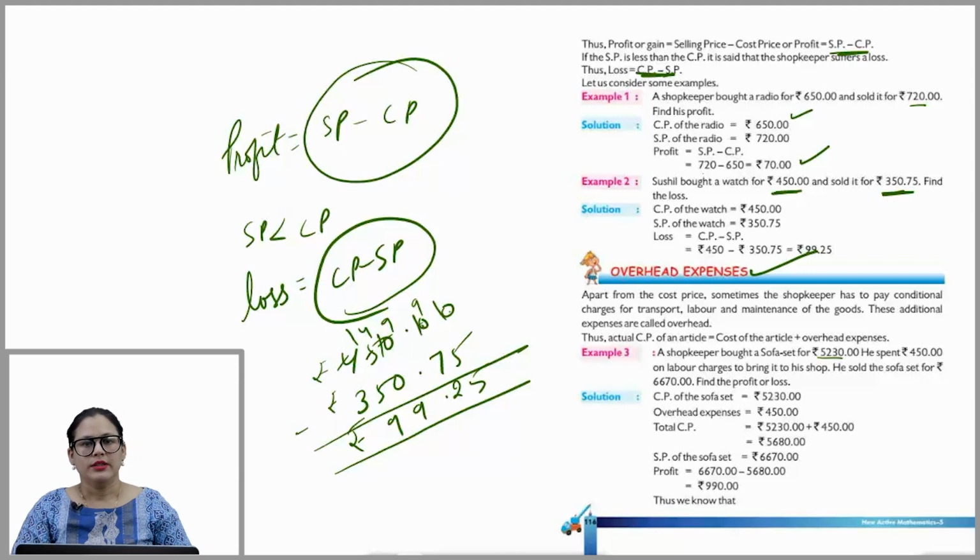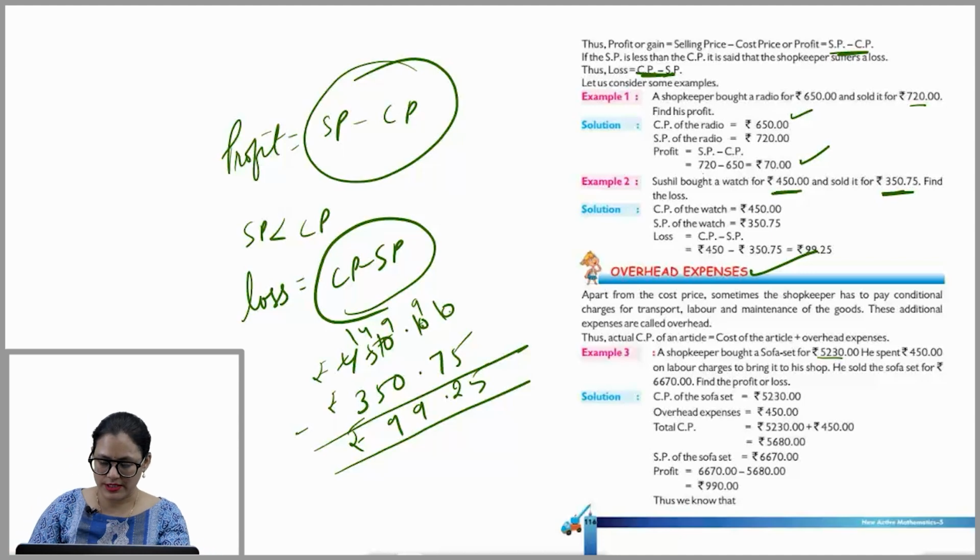Okay. A shopkeeper bought a sofa set for certain rupees and then he gave some labor charges also. So, labor charge will add on CP. Okay. First, we will find total CP. Okay. Then we'll see whether CP is greater than SP or SP is greater than CP. Only then we'll be able to find out whether he made a loss or a profit.